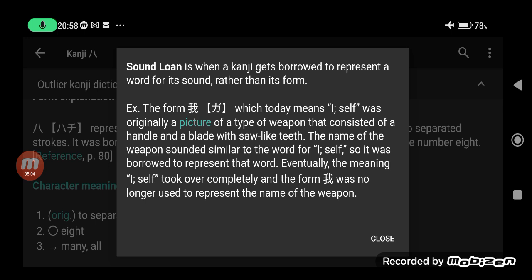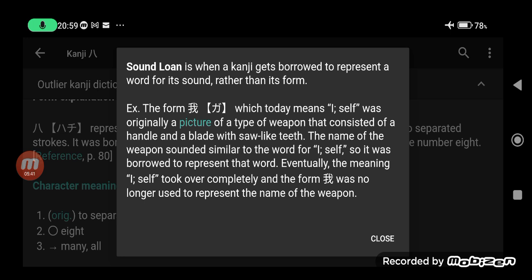Example, the form ga, which today means I or self, was originally a picture of a type of weapon that consisted of a handle and a blade with saw-like teeth. The name of the weapon sounded similar to the word for I or self, so it was borrowed to represent the word.